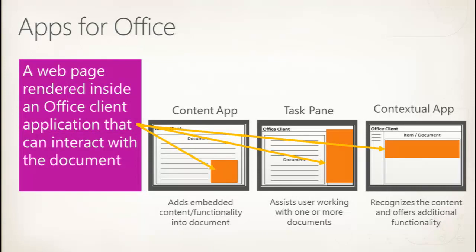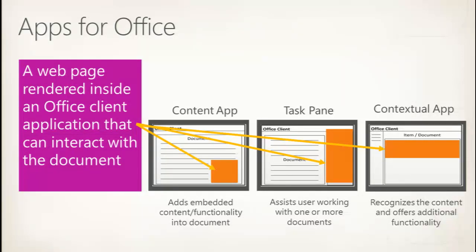This is what you might find in Excel if you have, for instance, a map using some of the data, displayed right alongside your data in the application. A task pane app is something you can imagine running to the side of your document. It can interact with data in your document, but isn't served inside of that data. It's more of an isolated experience.